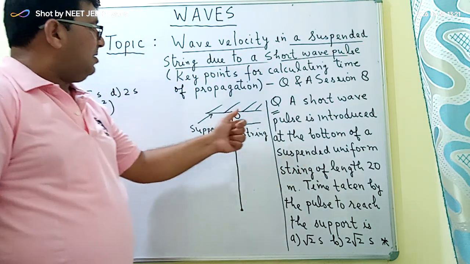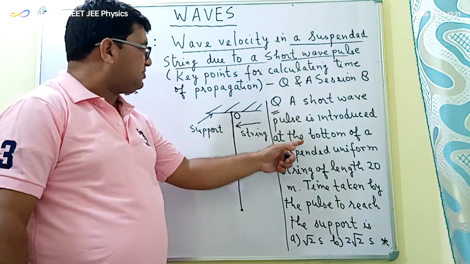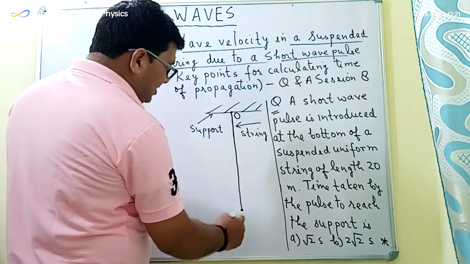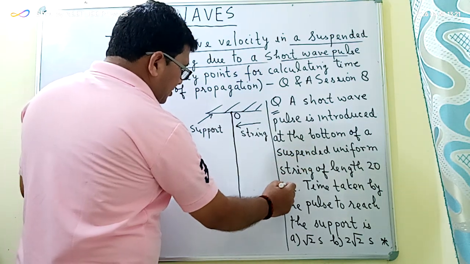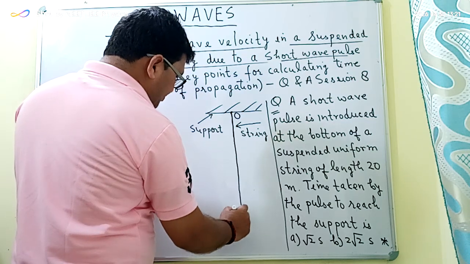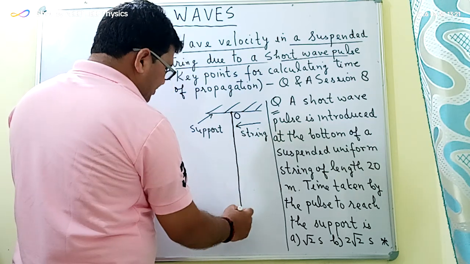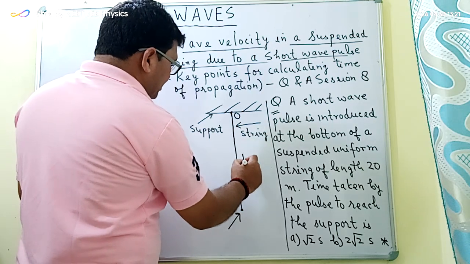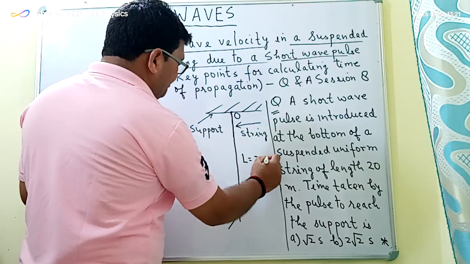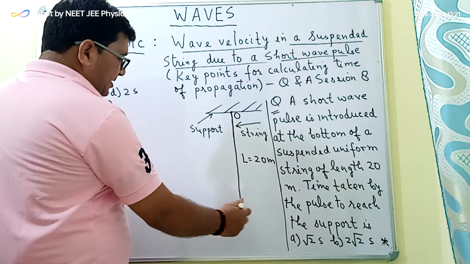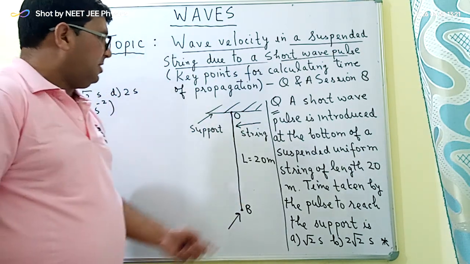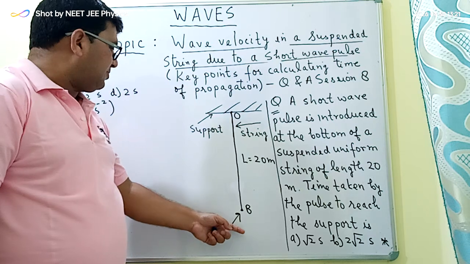So here the question is, a short wave pulse is introduced at the bottom of a suspended uniform string of length 20 meters. So this is the bottom of the string and the length of this string is 20 meters. Say this is the point B. At this point B, a short wave pulse is introduced.